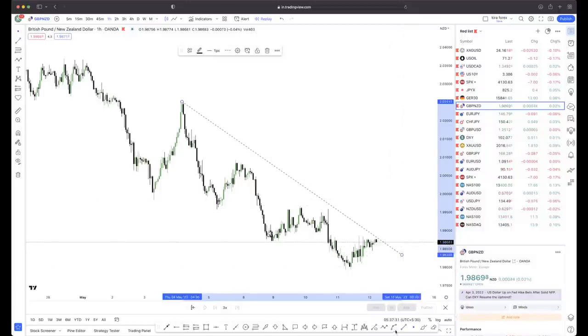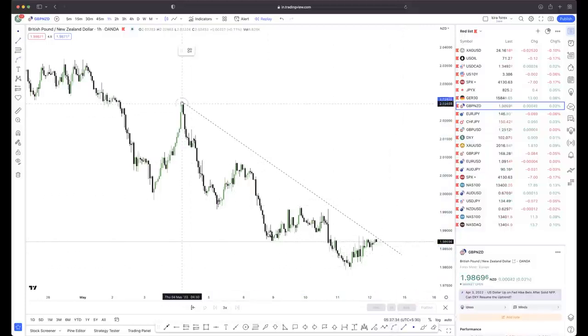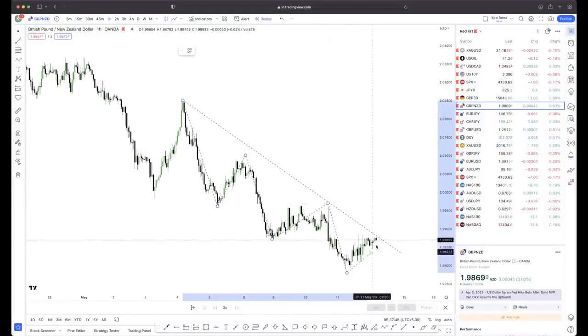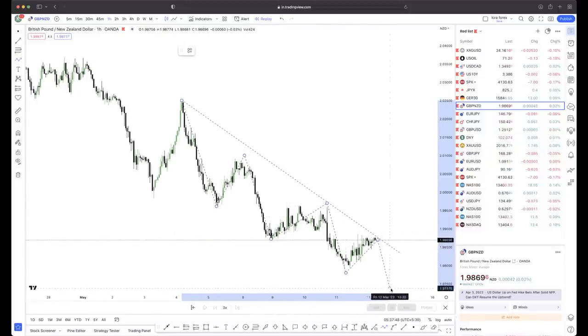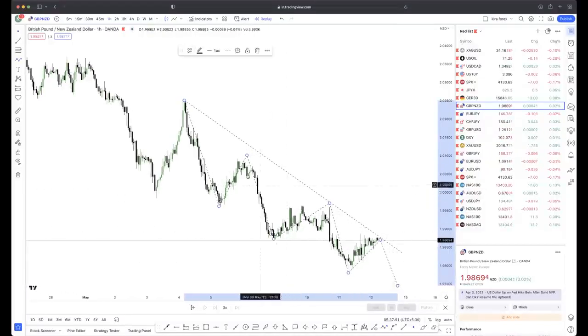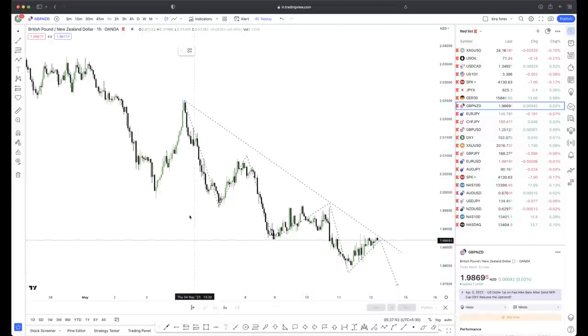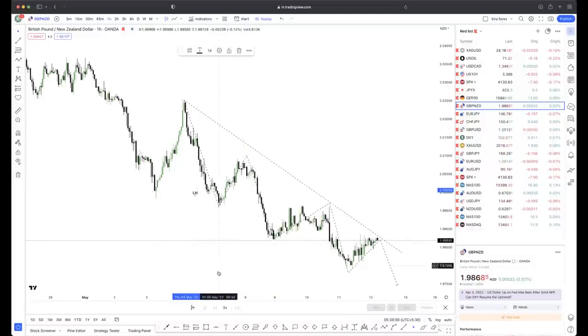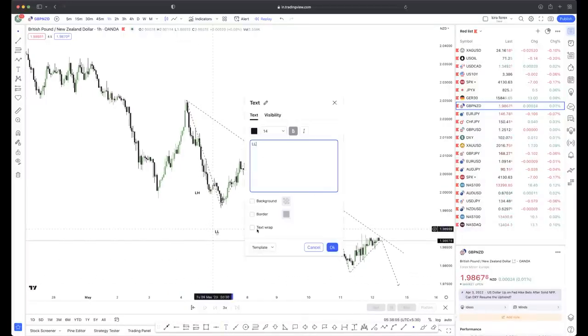So like I said, in a downtrend, we have a series of lower highs, lower low, lower highs, lower low, lower highs, lower low, lower highs, lower low. So for a lower low to form, it means that we need a lower low to break another low to form another lower low. Don't get confused. This is very, very simple.